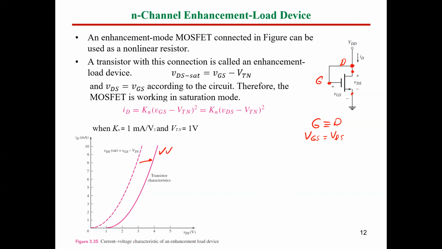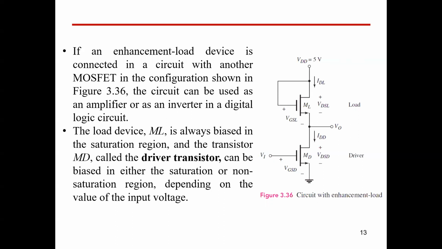Let's see what would be the performance of this load device if we connected this device to another MOSFET. So in this shape here, we have our load MOSFET, ML, and this is MOSFET D. We refer to this as load because, as we discussed, the drain and gate are connected together.